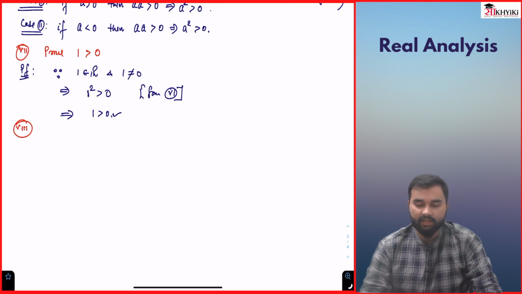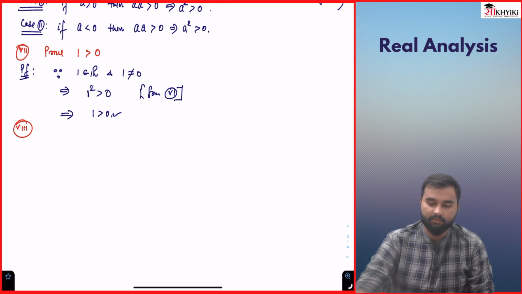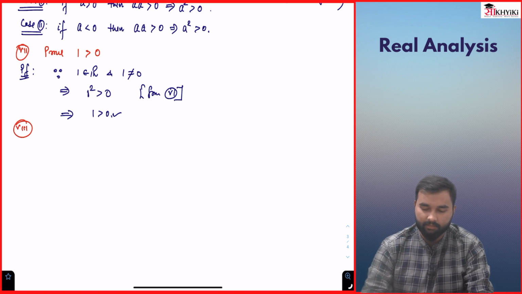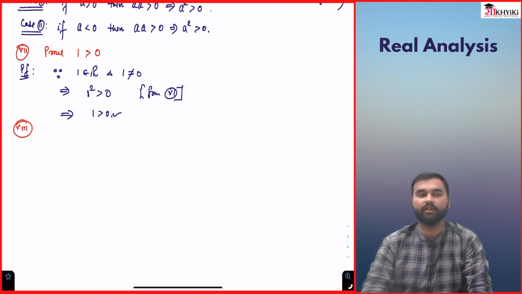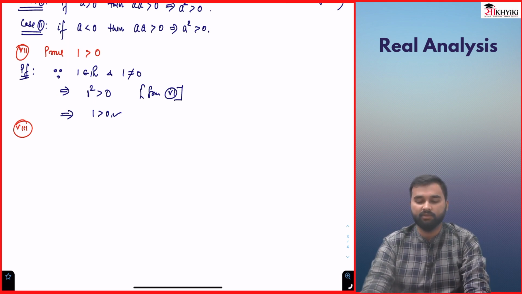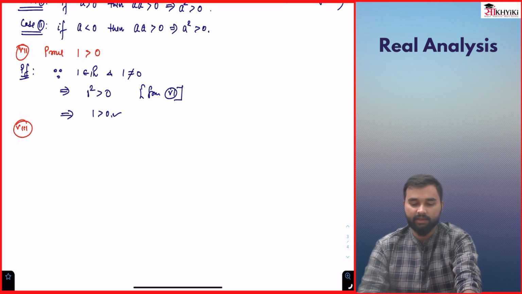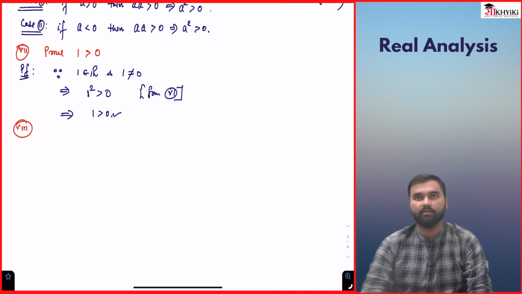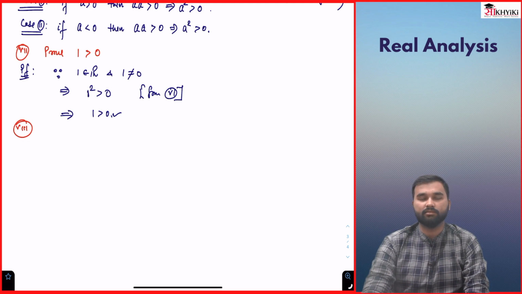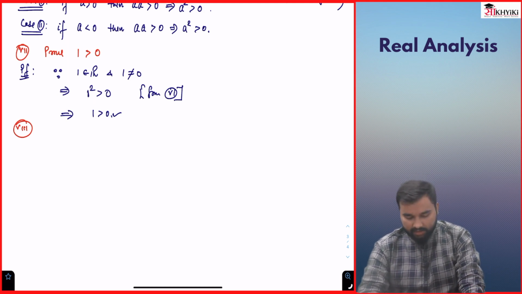Okay, before the next result, do we know about the induction process? What is the induction process? Given a statement, we try to prove this statement for every natural number. What do we do in this?